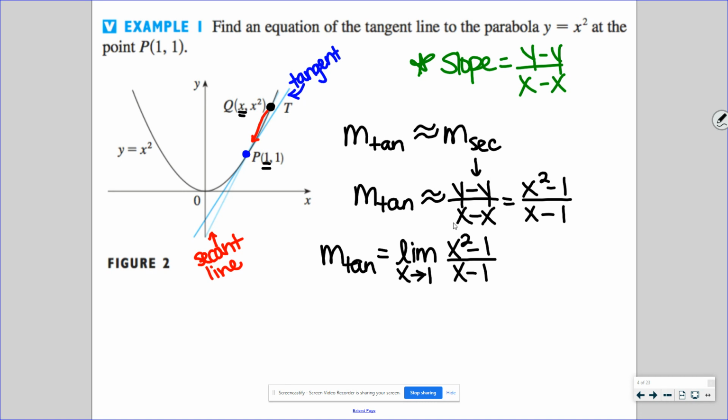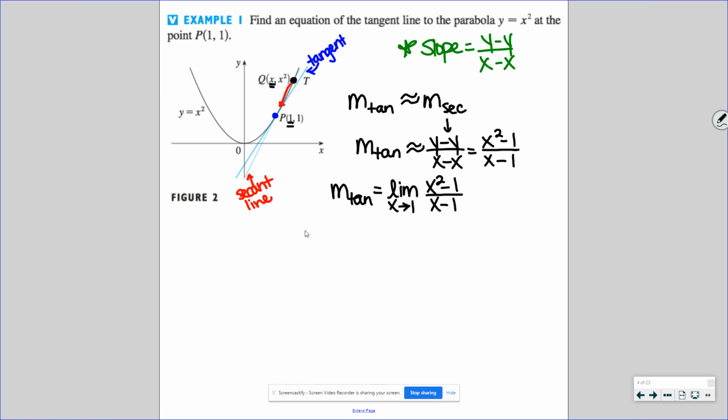And the good news is once you get this set up, you know what to do because we just spent a whole chapter studying limits. So now we're just going to go through and handle this with some of our limit techniques, which in this case, I'm going to be factoring and canceling.